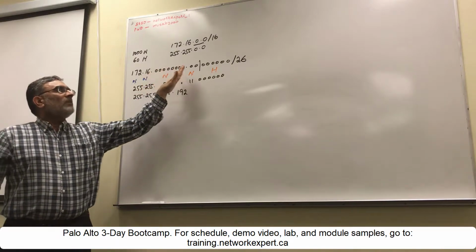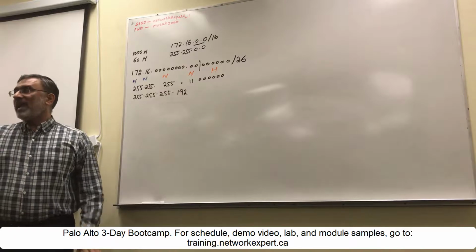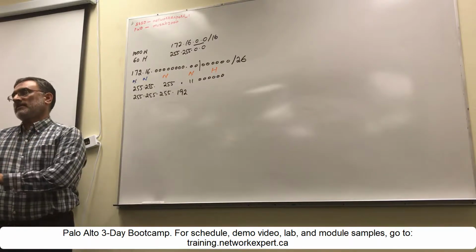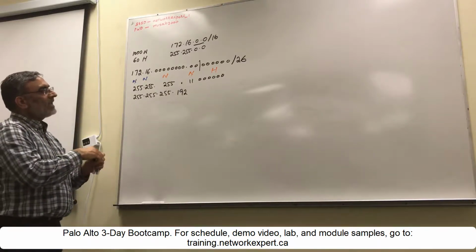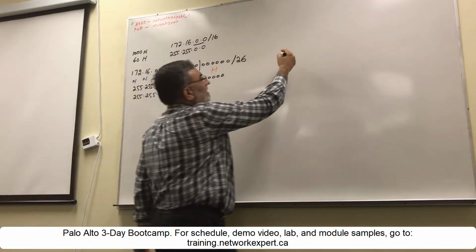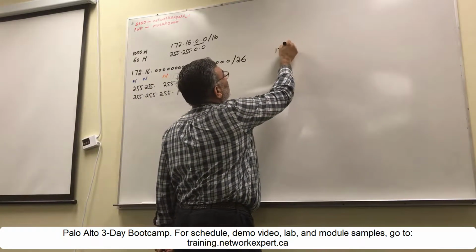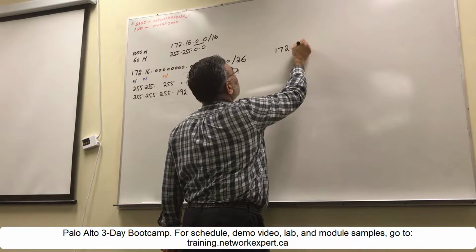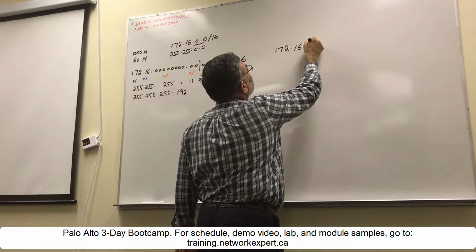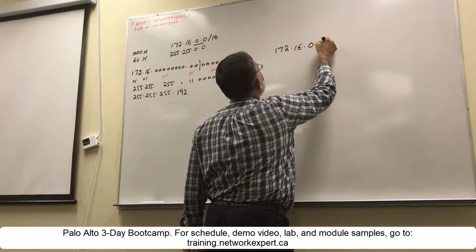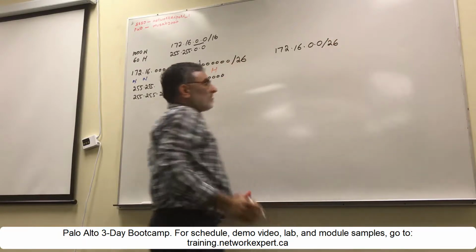So I will take all bits as 0 for the first network address. That means my first network address is 172.16.0.0/26.